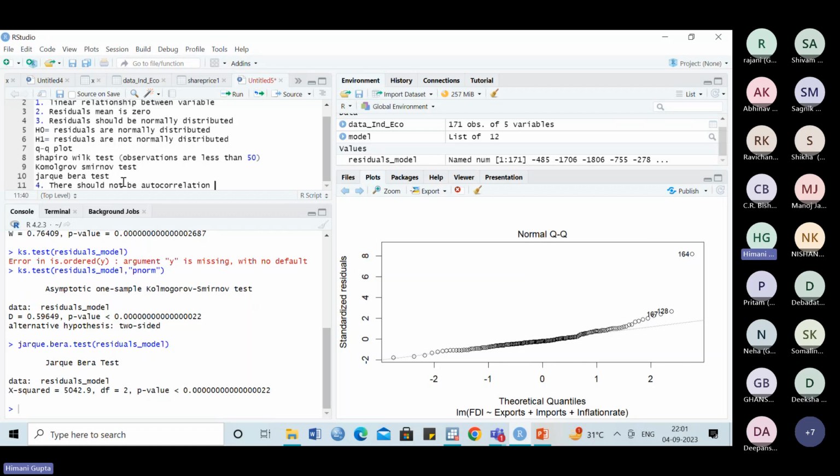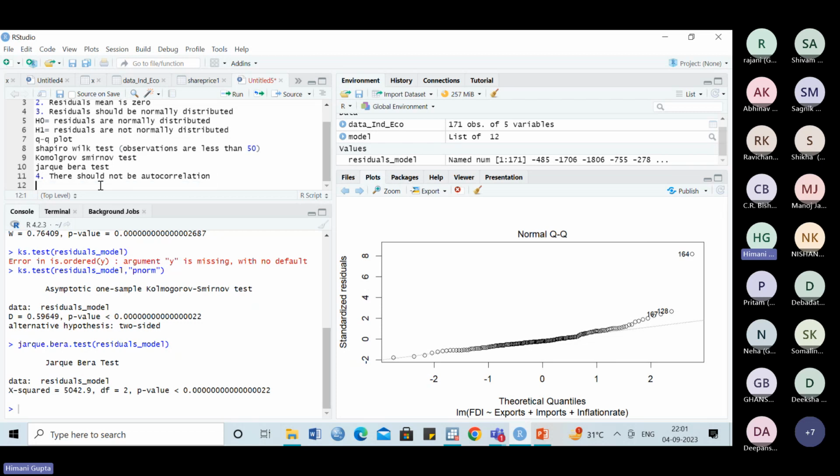That means your error term, let me use ET instead of error term, ET should not be correlated with ET minus 1 or ET minus 2.